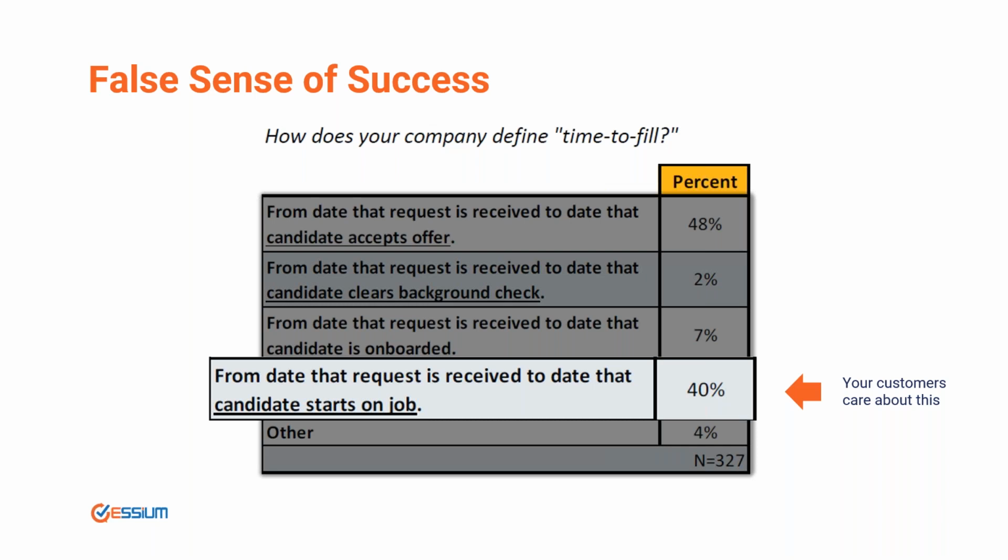So being able to include onboarding in the recruiting strategy and ensure you're measuring success across the entire path, all the way to when they start, is going to be important to demonstrate to your clients that you are providing a great service and that you're fulfilling their needs in a timely manner and to their satisfaction.